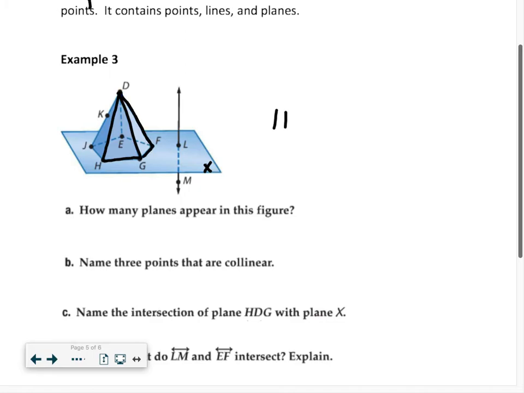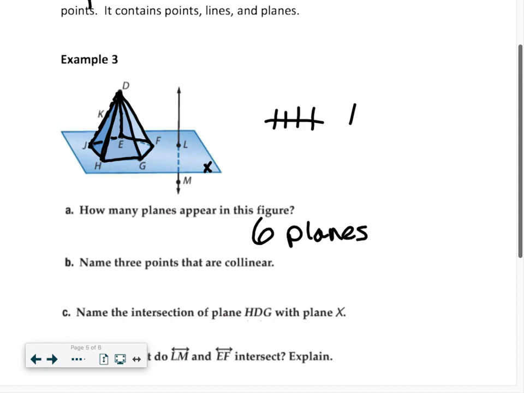I see another face of this cone here. So that's 3. I've got that face on the back that they're trying to draw. 4. Another face over here that goes through K in the back. That's 5. And then I see 6 here if we connect that one. So I count 6 planes here.